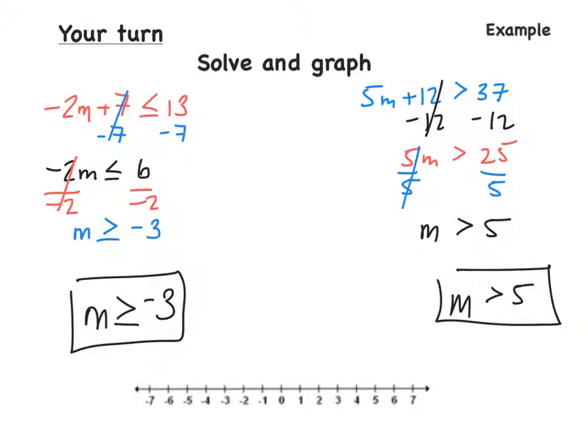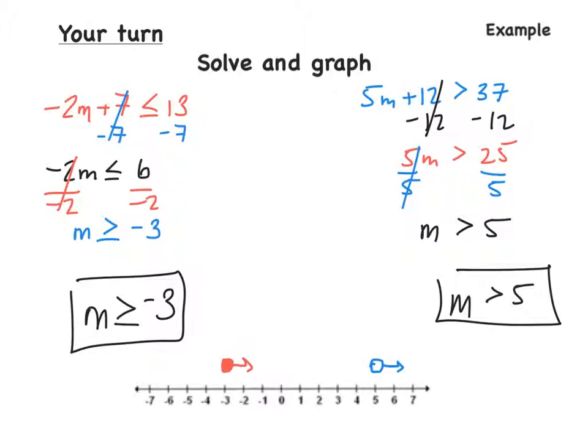So we'll go to the negative 3 and draw a circle, and it needs to be colored in since it's or equal to. It looks like we're going to be drawing an arrow that's off to the right. And then we have m is greater than 5. And that's not filled in. It looks like there's another arrow going off to the right as well. But now we notice that the arrows aren't going towards each other.